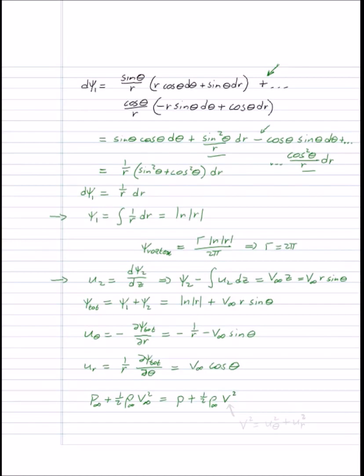Now that V here at the end is going to be defined by my u theta and ur. So V squared is going to be equal to u theta squared plus the contribution of the radial components squared.